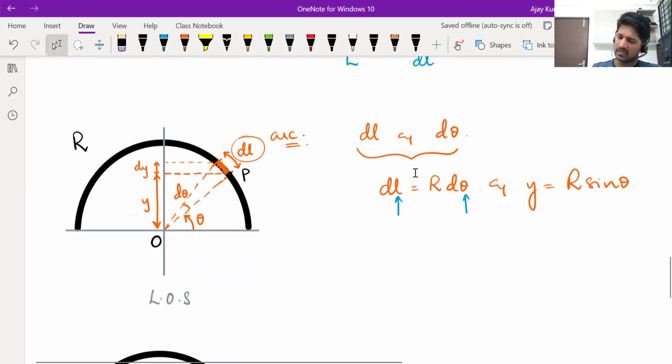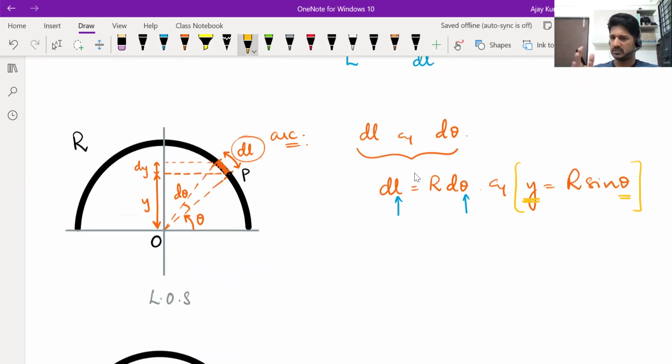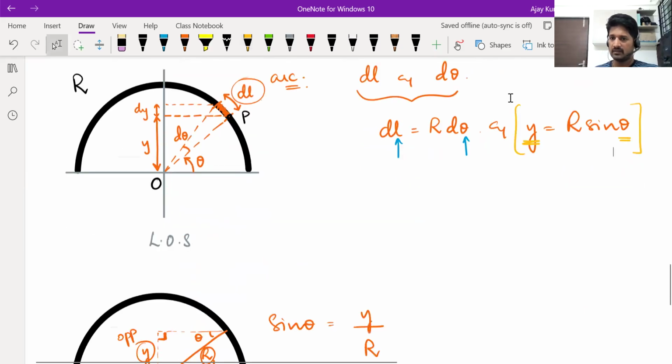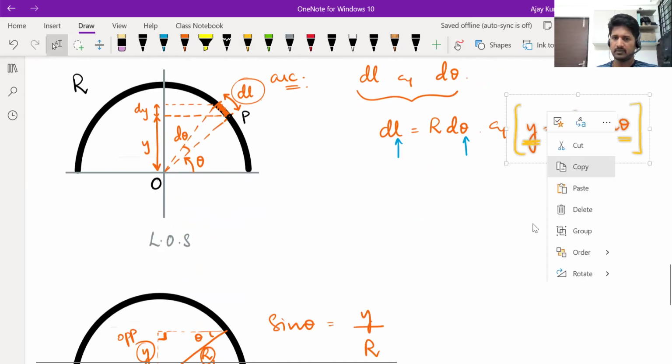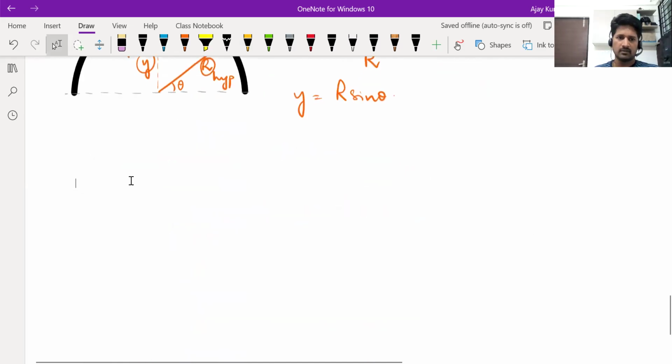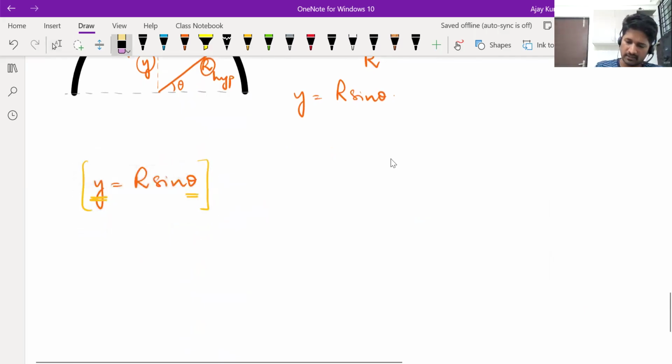Now we have y is equal to r sine theta, where from element to element, y is a variable, theta is also a variable. So there are two variables in this. We need a relation between dy and d theta now. y is equal to r sine theta.